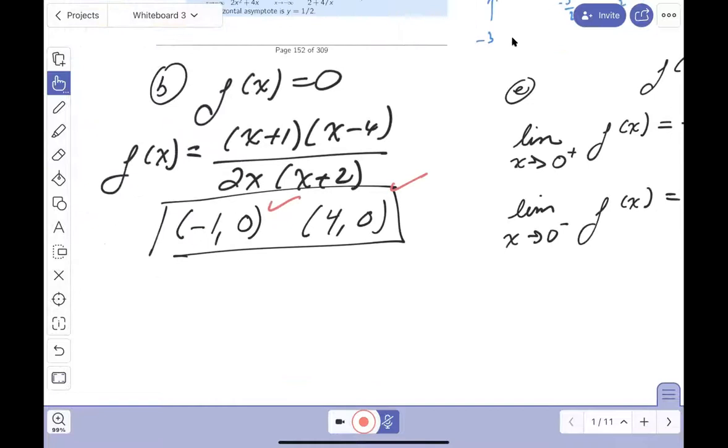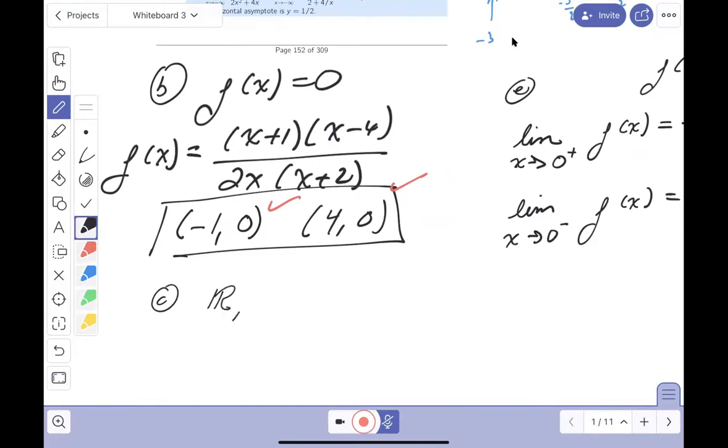This is going to be C, and we'll look at the key later. The domain is all real numbers, except at 0, and except at minus 2, because that's where you have division by 0.